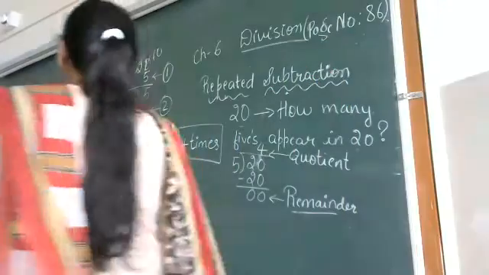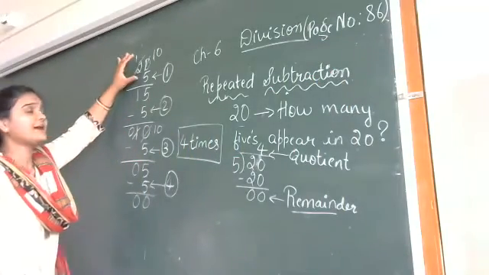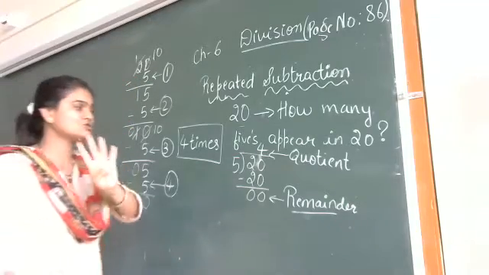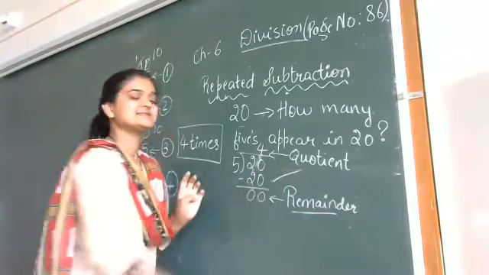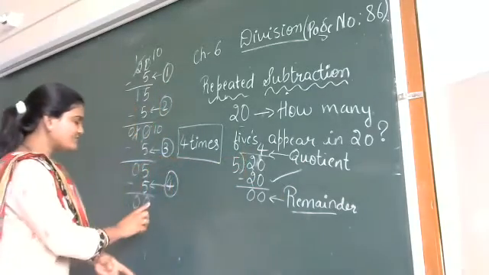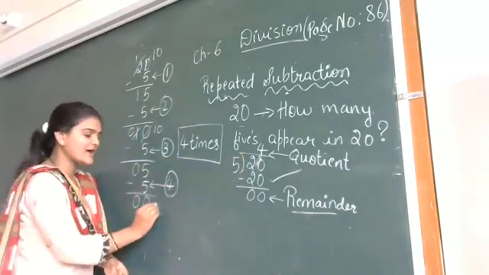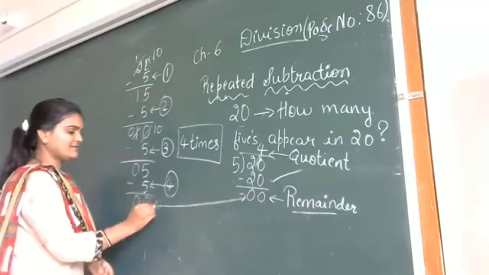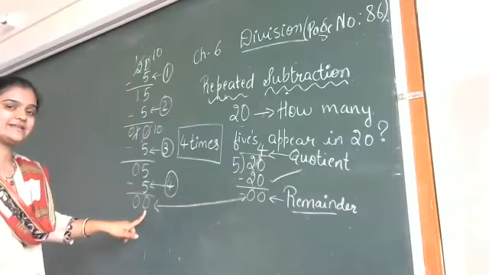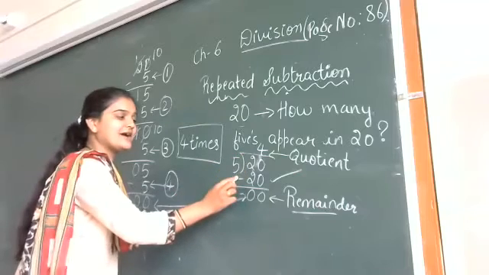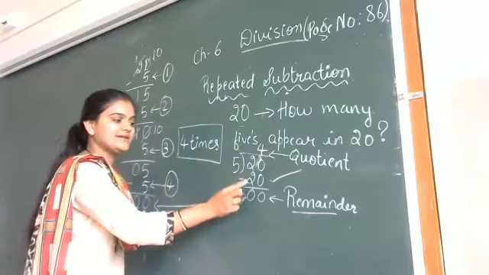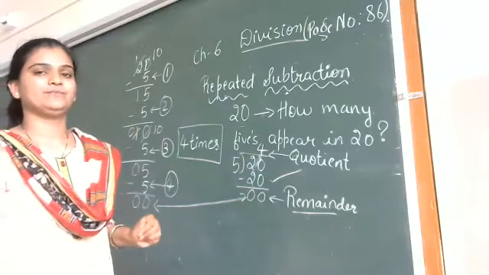Yes, we call it repeated subtraction because from the number 20, 5 can be subtracted 4 times. So our answer is correct. The quotient 4 is correct. And at last we have got 0 as the remainder. After repeated subtraction we have got the remainder as 0, and once again we have seen it through the division method: 5 fours are 20, remainder is 0.